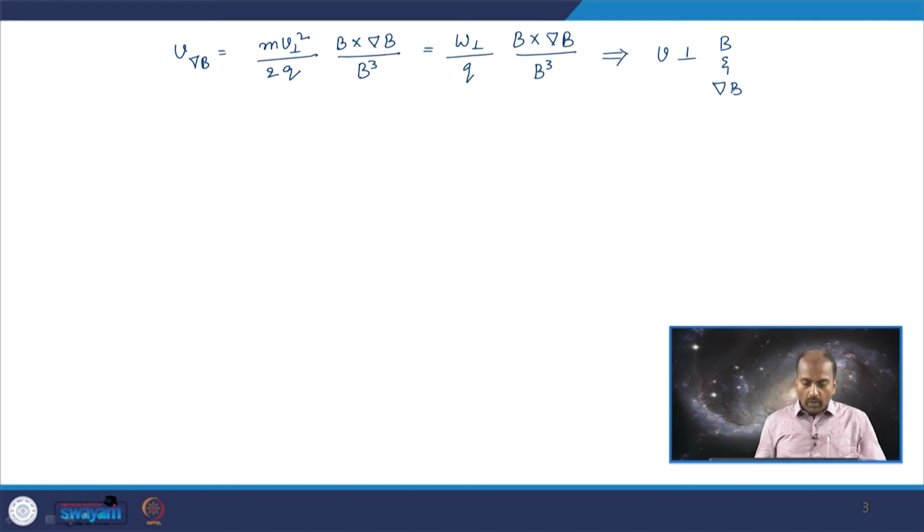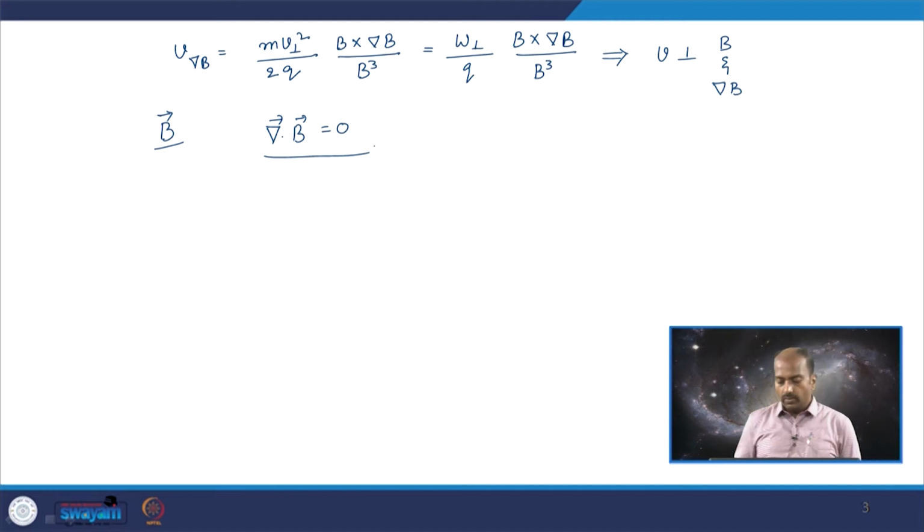Okay. Now, one very important understanding about the magnetic field vector B is that we know from the Maxwell equations that del dot B equals 0. So what does it mean? The first thing that comes to your mind is that magnetic monopoles would not exist.